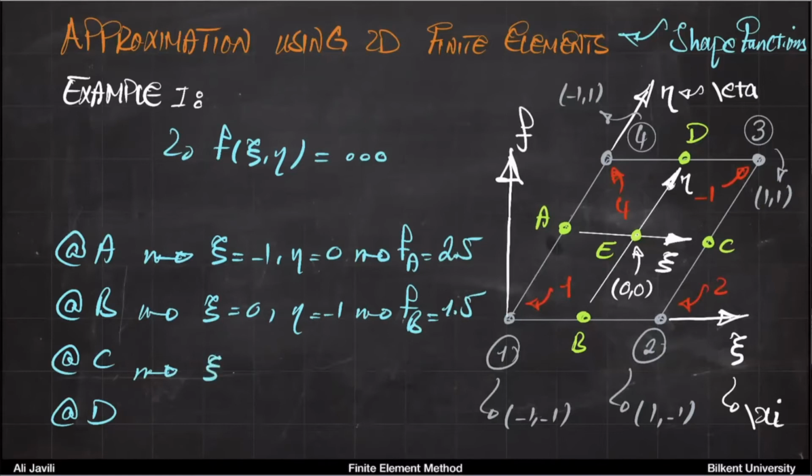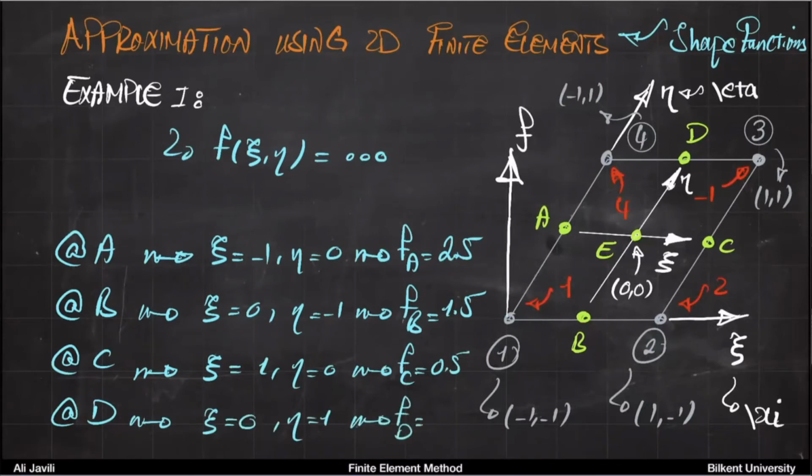Now ξ is 1, η is 0 at point C, so that gives you f at C is 0.5. And eventually ξ is 0, η is 1, and that gives you f at D is 1.5.